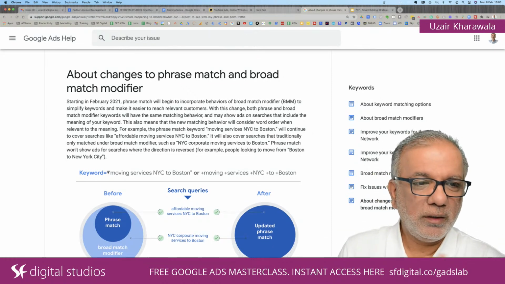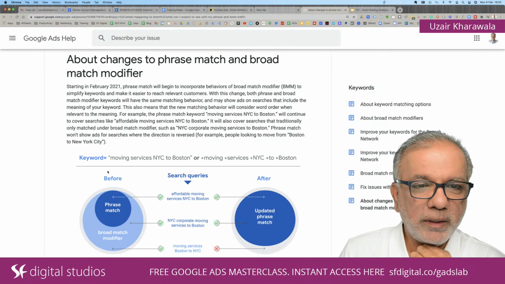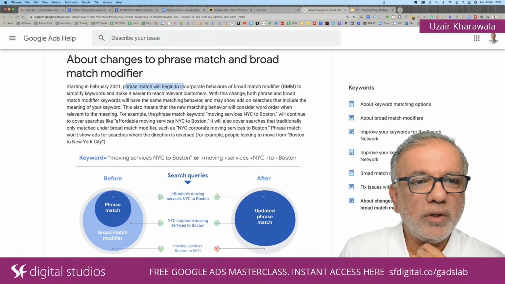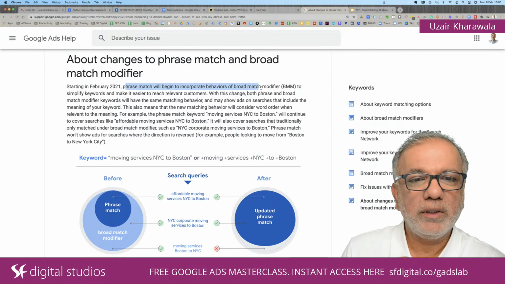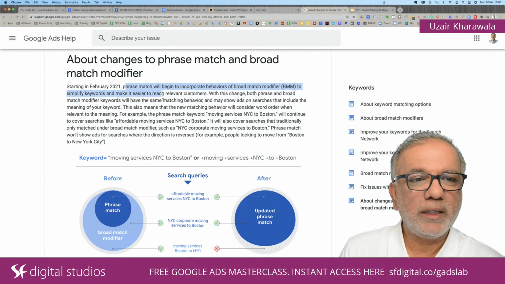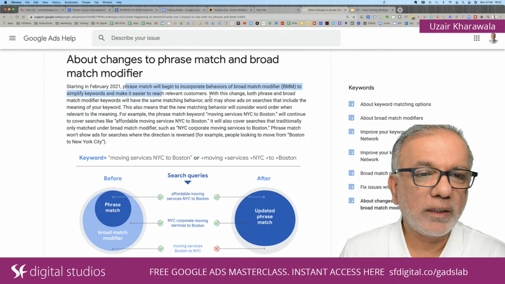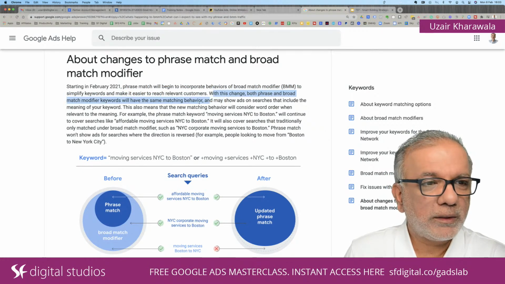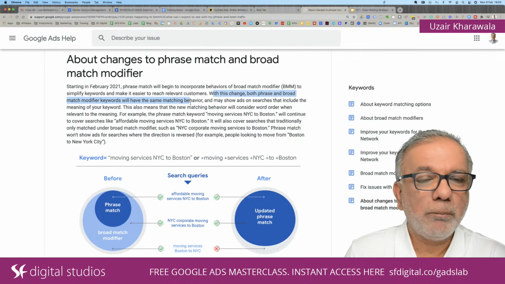But over here, Google is trying to explain how this is going to affect us. What they say is phrase match will begin to incorporate behaviors of BMM to simplify keywords and to make it easier to reach relevant customers. With this change, both phrase and broad match modifier keywords will have the same matching behavior.